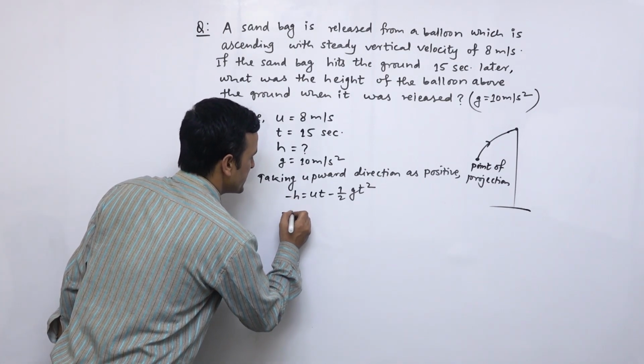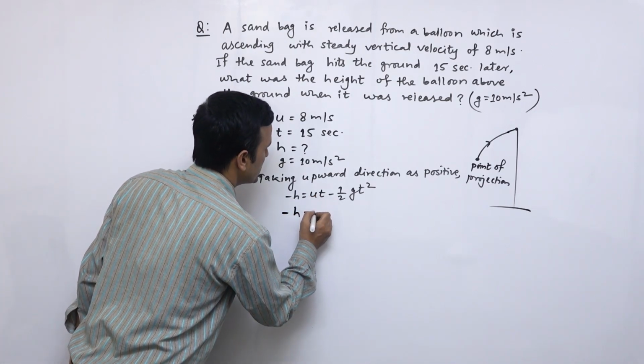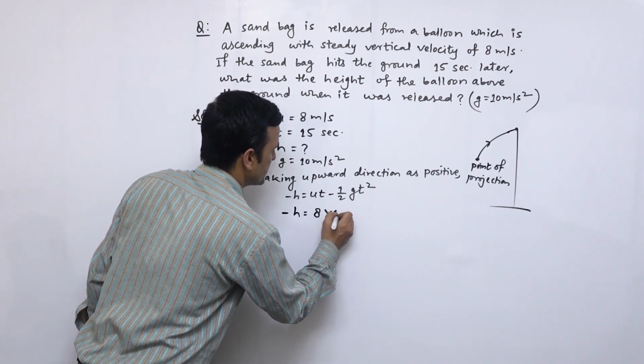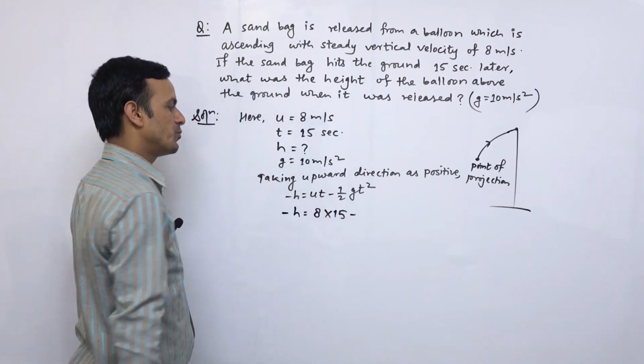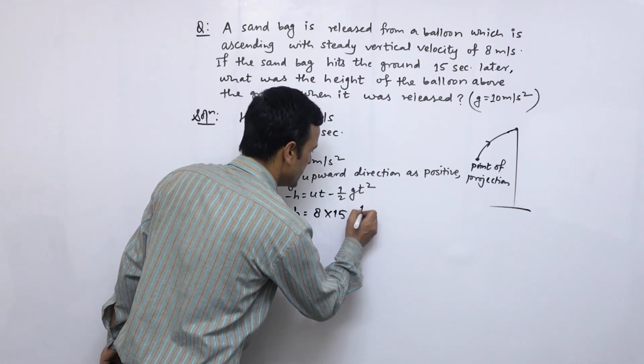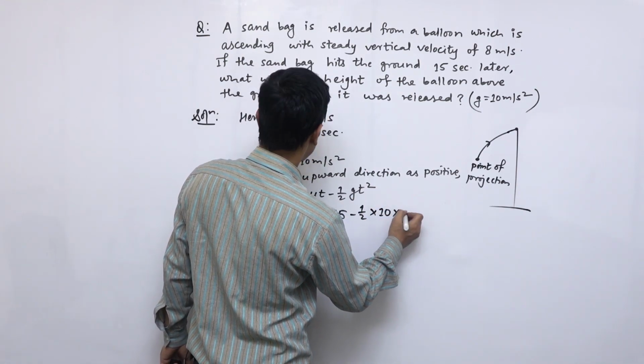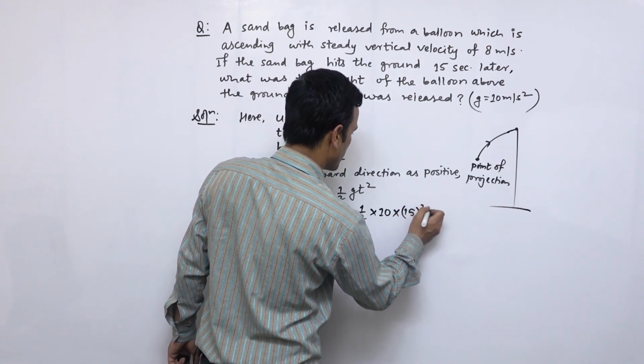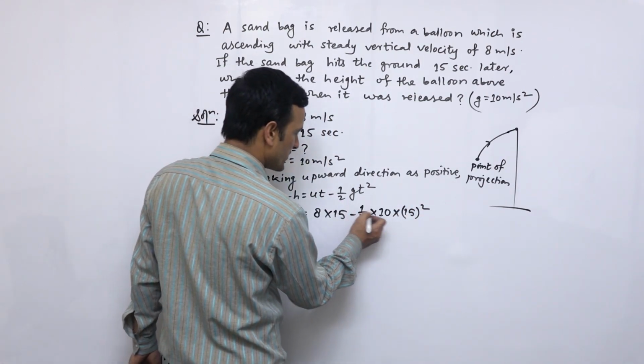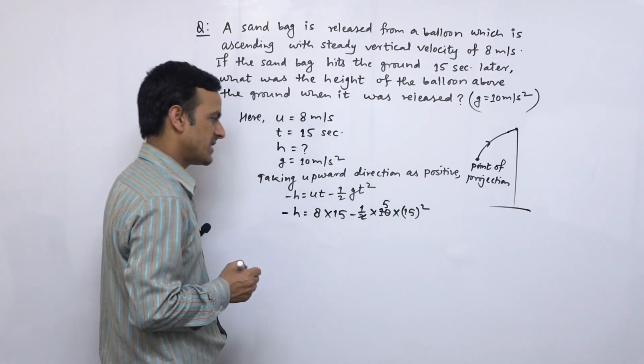So minus h, u means it is 8 times 15, 8 into 15, time is 15 seconds, half into g means 10 into time squared, 15 square. Cut down: 2 5s are 10.